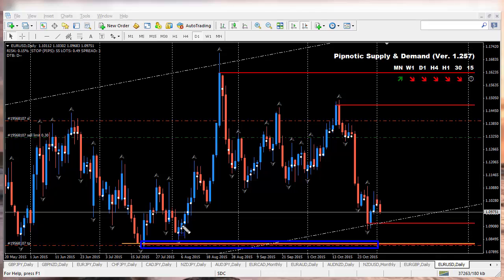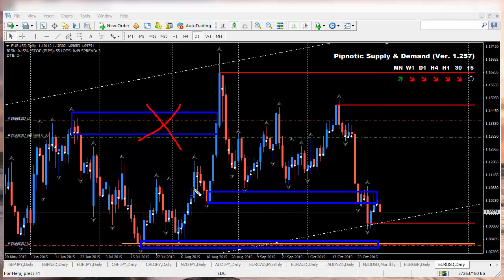So this area here and here, I like this one here, is a nice area of demand, as this area of demand which caused this push higher removed this area of supply. So this one here was taken out by this area here, so this one no longer exists.